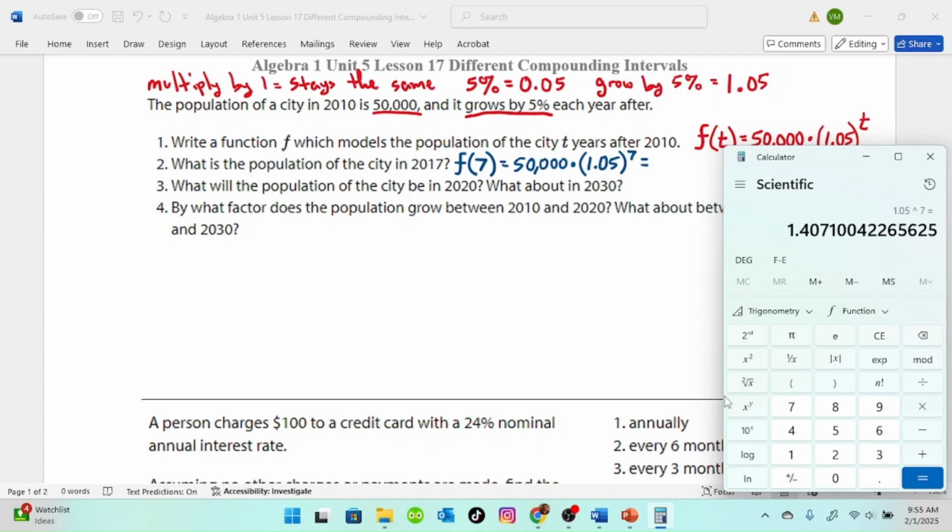Now we're going to multiply that by the 50,000 original population. And because we're talking about people, we're going to want to round it to the nearest whole number. So 70,355 people.